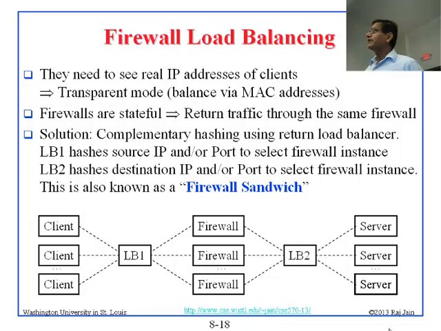Right? That way they will both select the same firewall for both directions of traffic. You understand the complication that we run into when we do firewall load balancing? Unlike server load balancing, in firewalls you don't have a choice of using dual NAT.